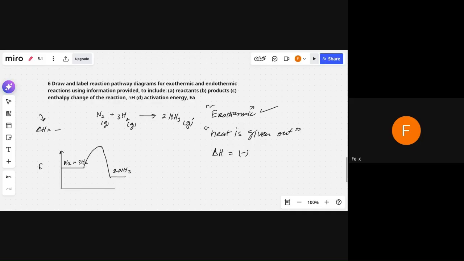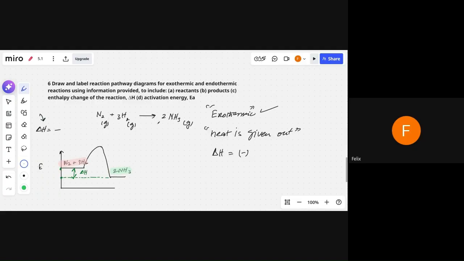And now we have to label. Okay, we have already written the reactants. So these are the reactants, and these are the products. And then the enthalpy change. I've explained before that the enthalpy change is the energy change between the reactants and the products, right? So this difference, that is delta H, the enthalpy change.